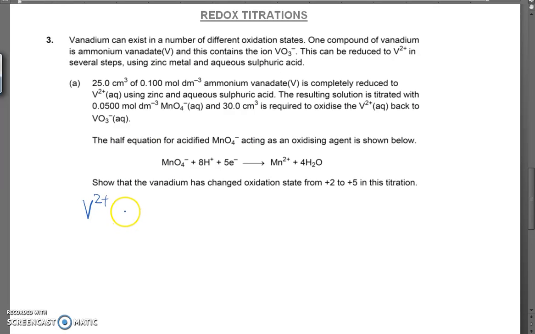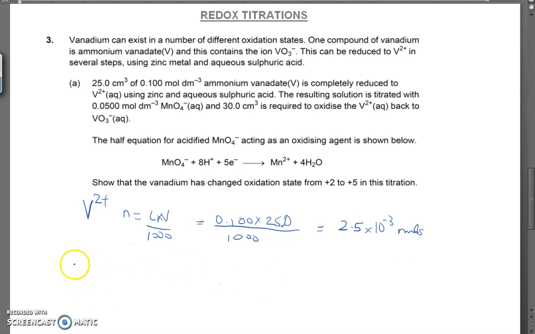Moles of vanadium 2+ is given by using n equals C times V over 1,000, which is concentration 0.100. Note that we've got a precision now of 3 significant figures. Times 25.0 divided by 1,000, which comes out to be 2.5 times 10 to the minus 3 moles.